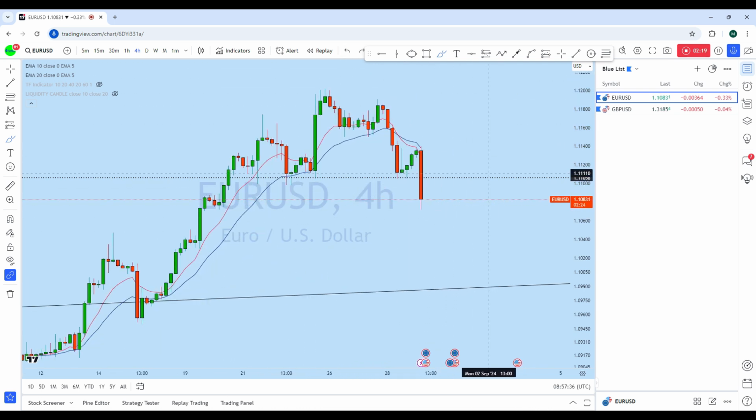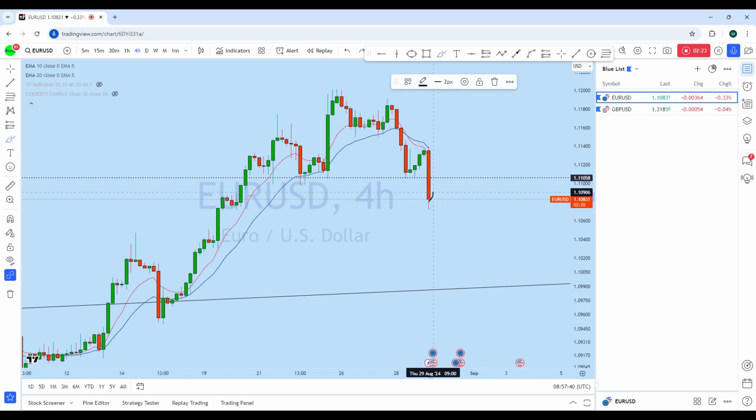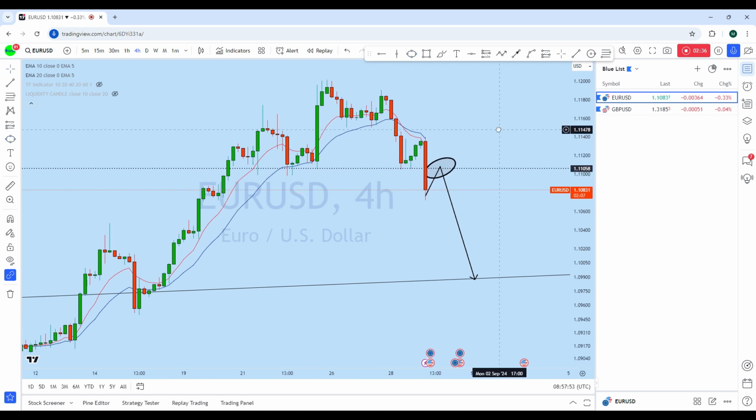Currently this candle is closing in 2 minutes from the time of recording, and I think if this candle closes below, we can expect a retest of this previous support, which is turning resistance. From that zone we can expect EURUSD to give us potential downtrending trading opportunities. So this is where you will be looking for an entry opportunity if we see suitable price action confirmation.